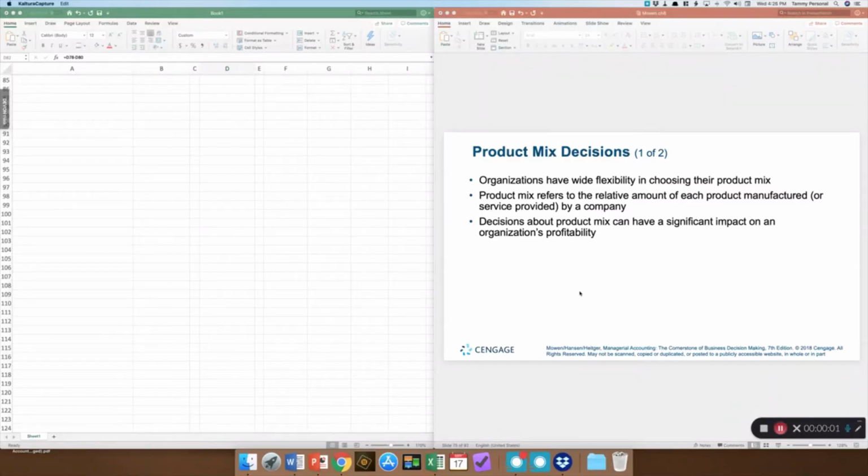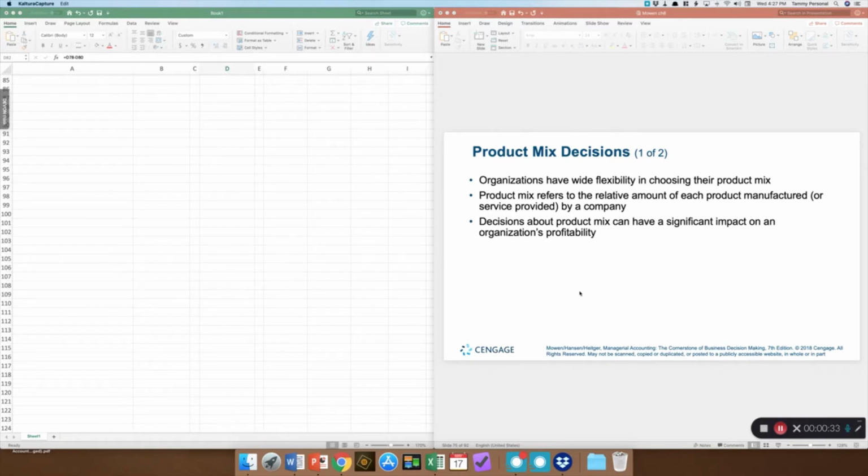Okay, so now we are talking about the decisions of managerial economics. I'm not even going to use the word accounting here. This is an economic problem. It is a constrained optimization, right? If you remember from microeconomics, all of microeconomics is about constrained optimization, maximizing utility given a budget constraint.